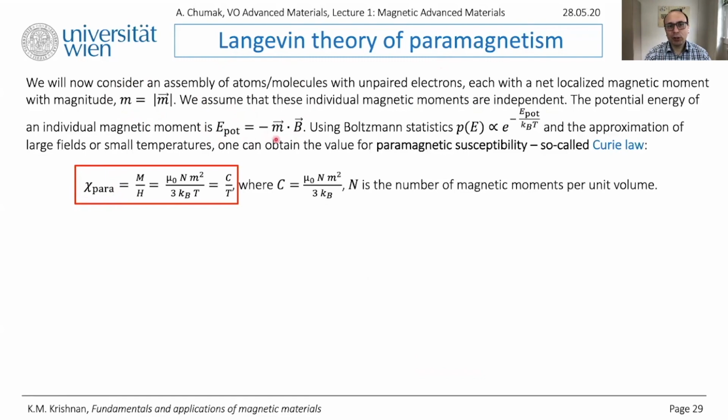Then each of the magnetic moments will experience a change in its potential energy, which can be found like this. Then you just use standard classical Boltzmann statistics, which is found like this: potential energy divided by kBT, so Boltzmann constant times temperature.